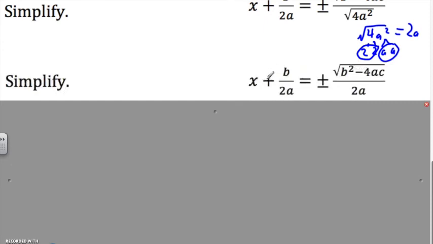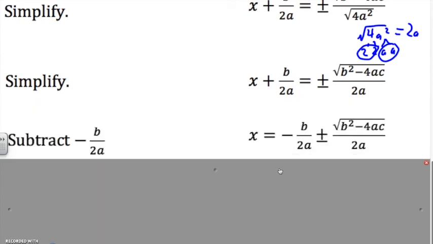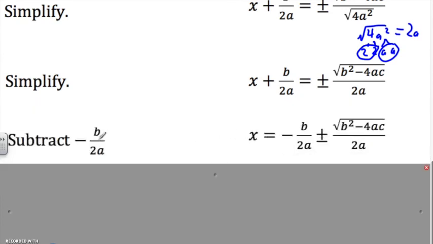We have x plus b over 2a equals the positive or negative square root of b squared minus 4ac over 2a. Now, we want to solve for x, so we are going to subtract b over 2a. We are moving this to the other side, and we have to do that to both sides. That's all we did there.